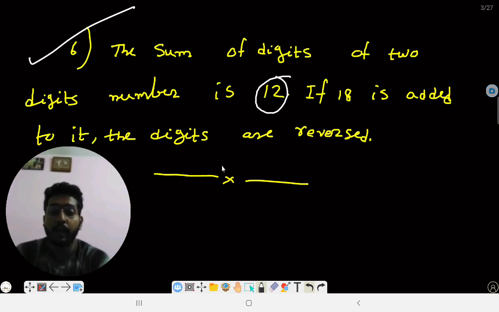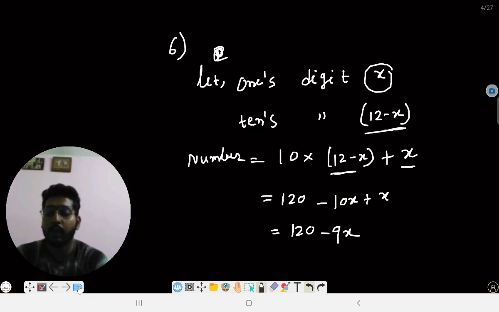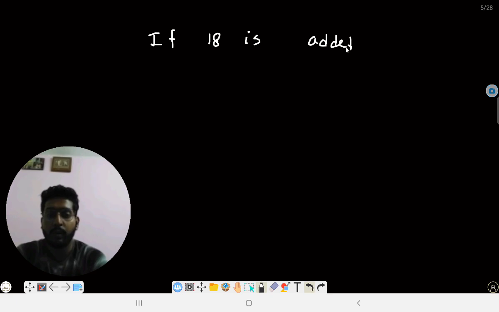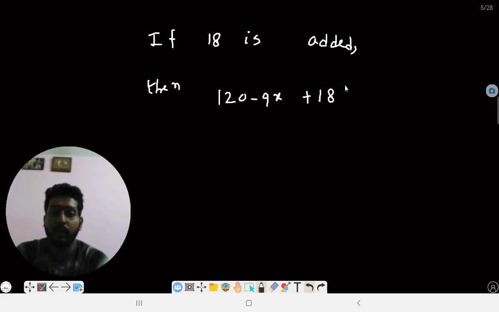Done. Now next step: if 18 is added to it, that means we have to add 18 to the number. Then the number will become 120 minus 9x plus 18, that is 138 minus 9x.